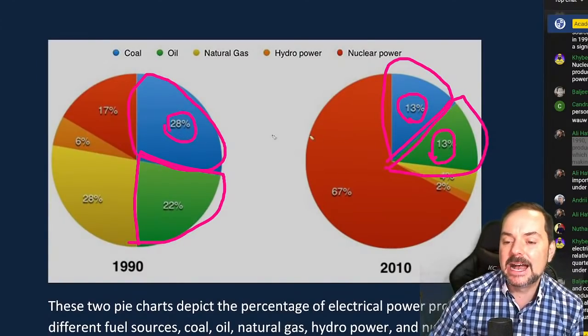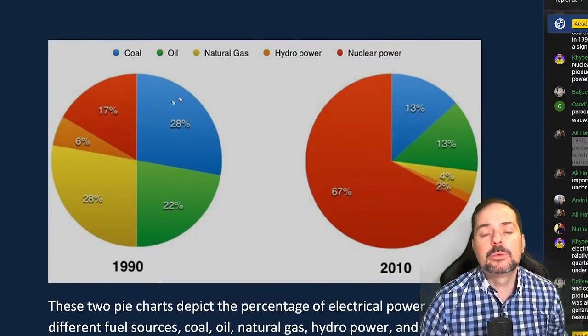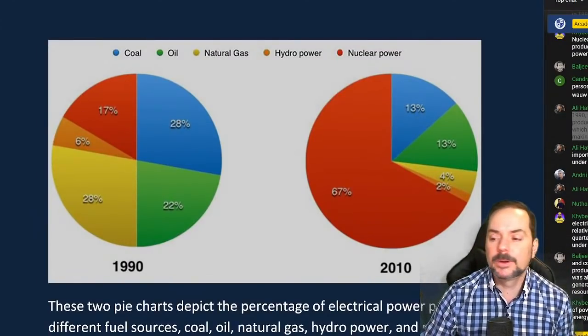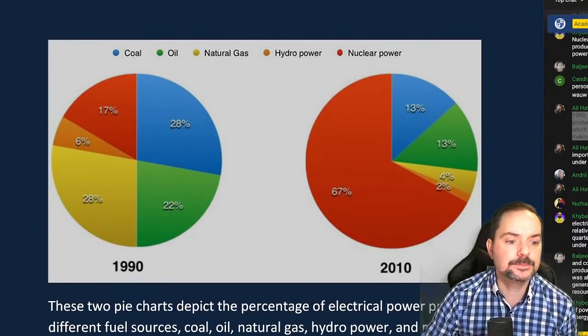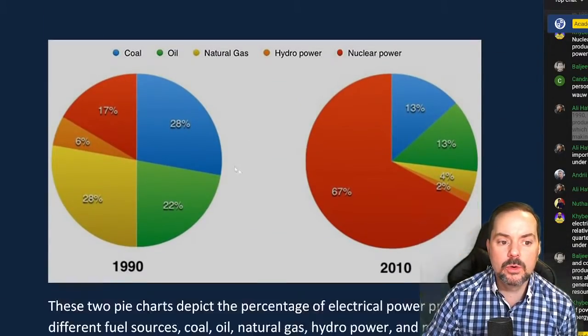It's roughly half, right? So it's roughly half the proportion of 2 decades prior. So you can again use that kind of language, and that's an expository essay, right? We're exposing, explaining, all right? So that was coal and oil, yeah.